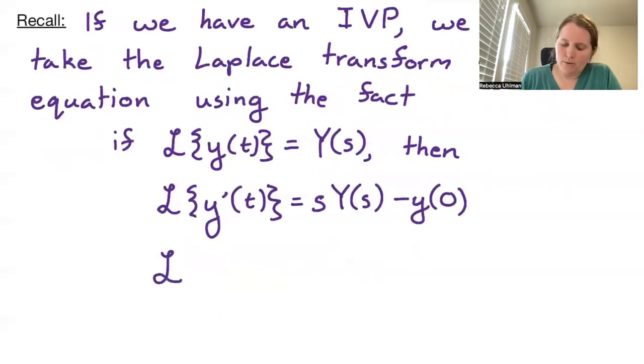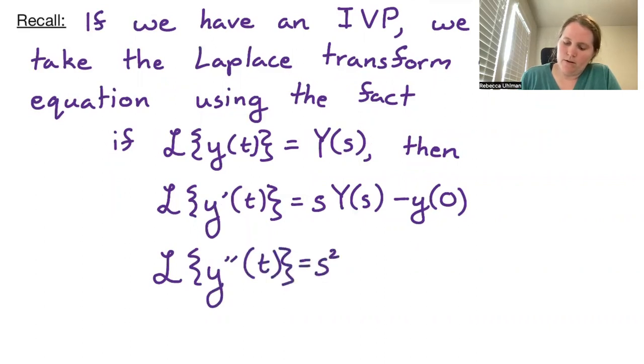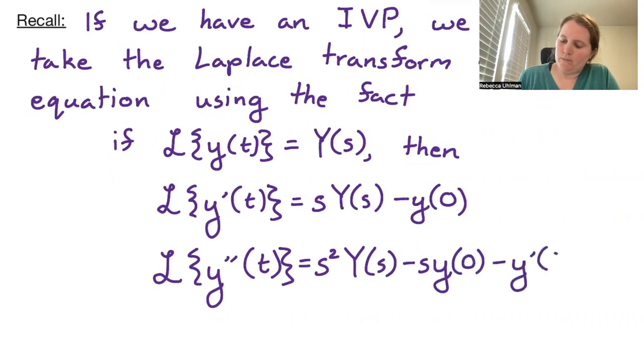And the Laplace transform of the second derivative of y of t is equal to s squared times capital Y of s minus s times y of 0 minus y prime of 0.